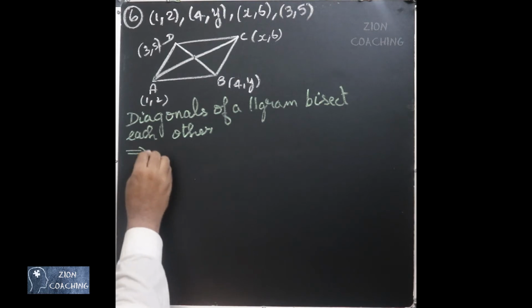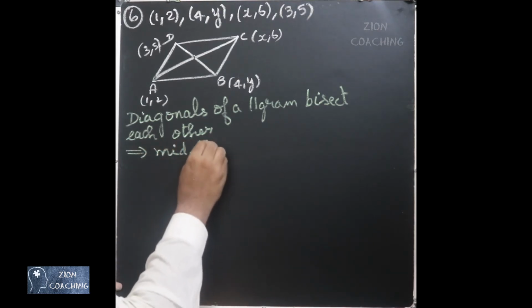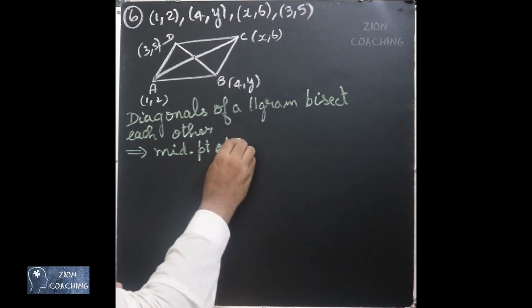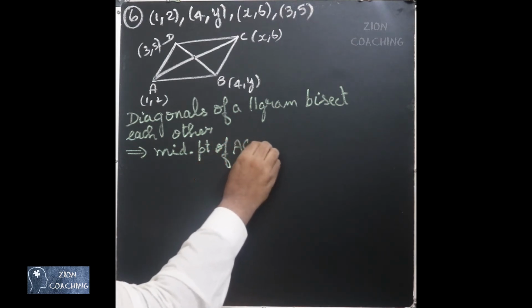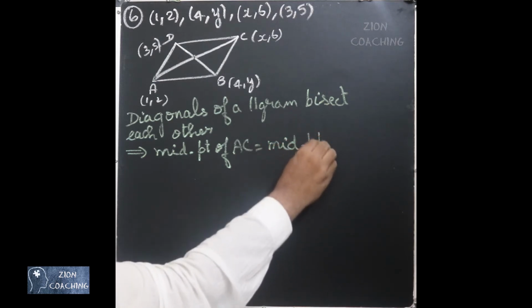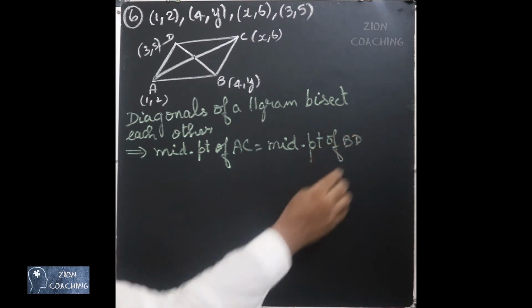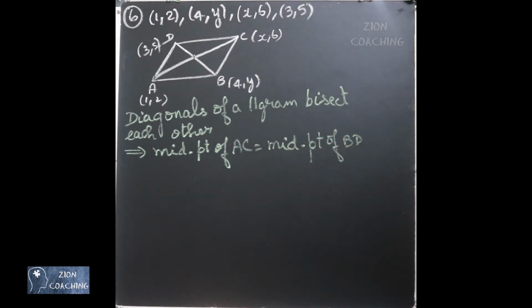So from this you get the midpoint of diagonal AC is equal to the midpoint of BD. So this is the concept we are going to use to find the values of x and y.